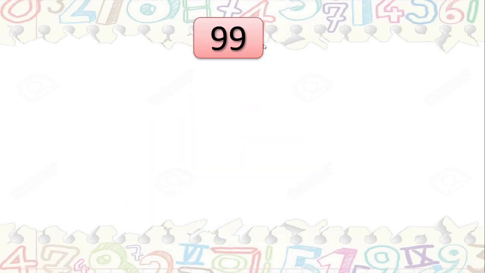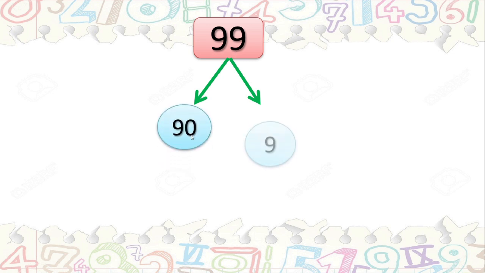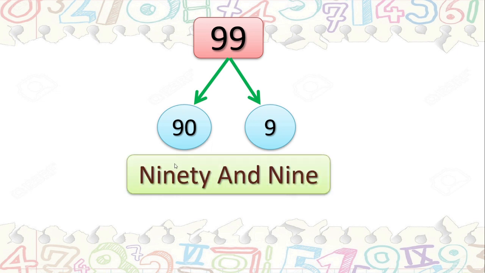99, again double 9, one 9 in tens place and one 9 in unit place. The digit is same, but the place values differ because of their places. This is 90, this is 9. Number is 90 and 9.